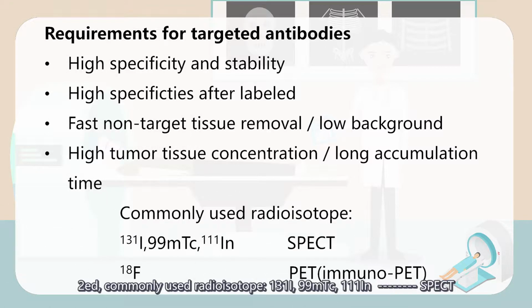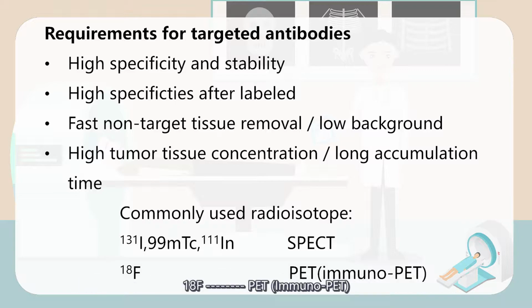And second, commonly used radioisotopes. For SPECT, we usually use iodine-131, technetium-99m, and indium-111 to label. And for PET machines, we usually use fluorine-18 labeling, and sometimes carbon-11 or copper-64.